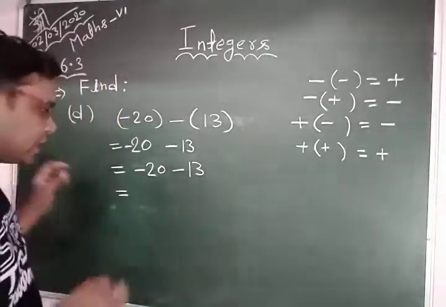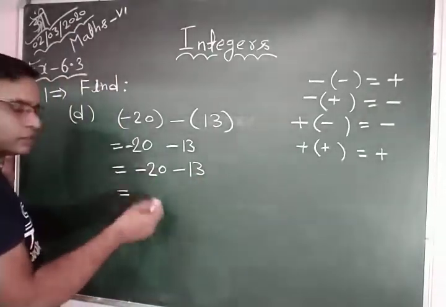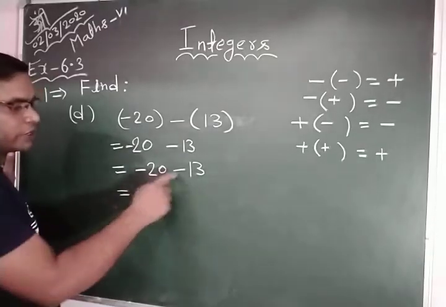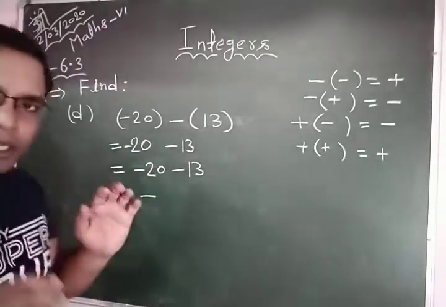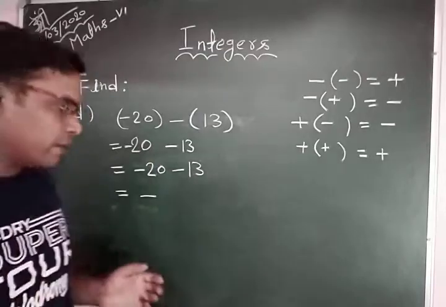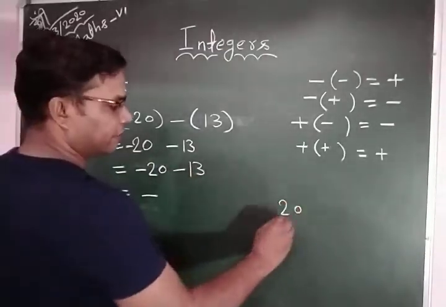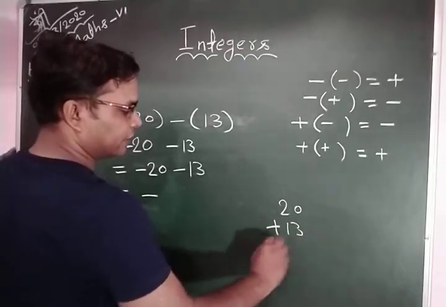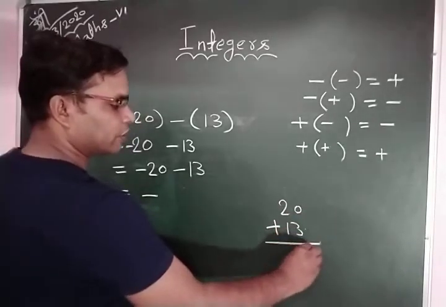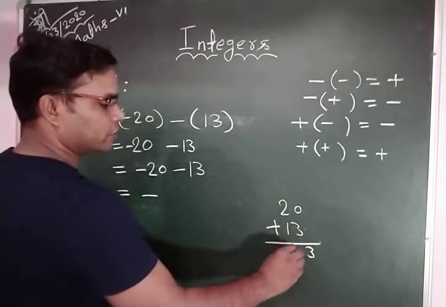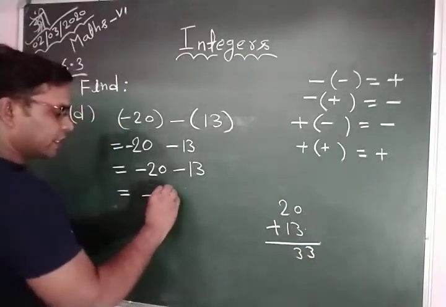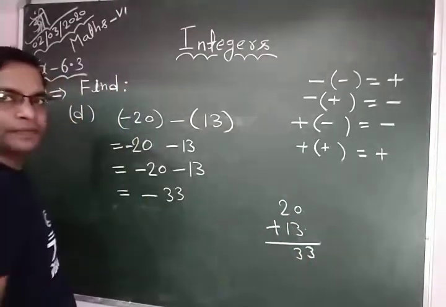So both signs are minus. So first we write here minus because both signs are minus. After this we add both integers. Okay, so 20 plus 13. 0 plus 3 is equal to 3. 2 plus 1 is equal to 3. So you can write here 33.